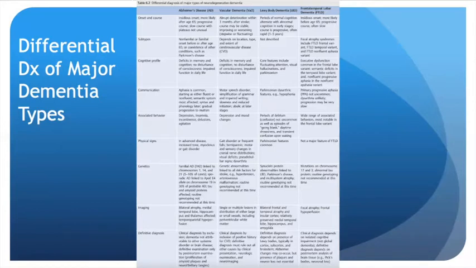These subtypes are differentiated primarily by the location of atrophy. The behavioral or frontal variant presents with executive function deficits. Temporal or semantic dementia presents with semantic impairments. And progressive non-fluent aphasia presents like Broca's aphasia. That's why it's called progressive non-fluent aphasia.